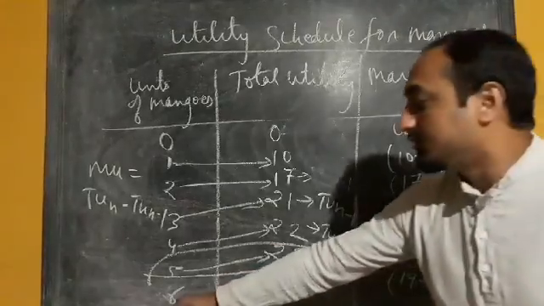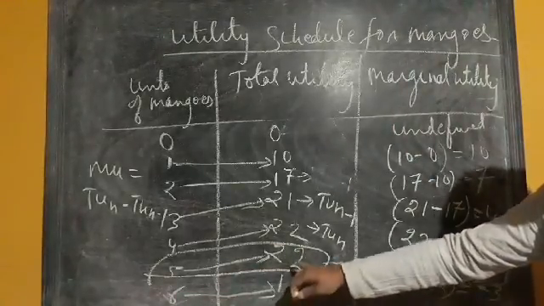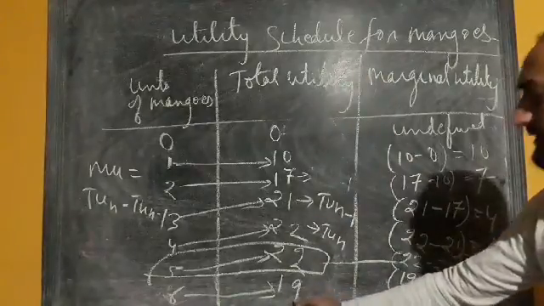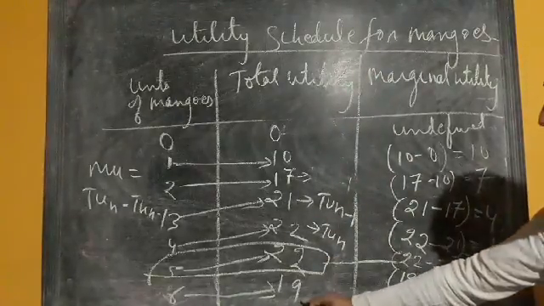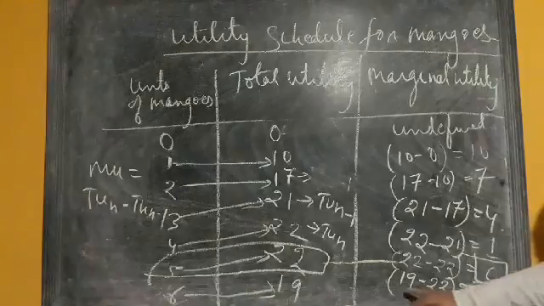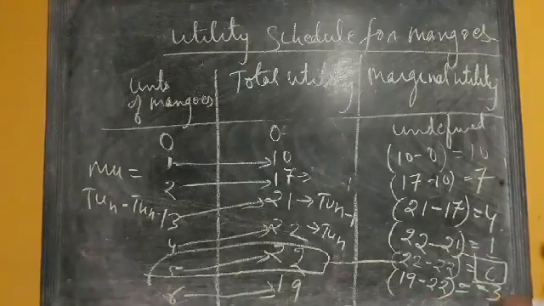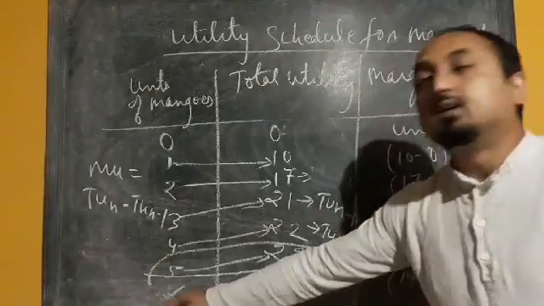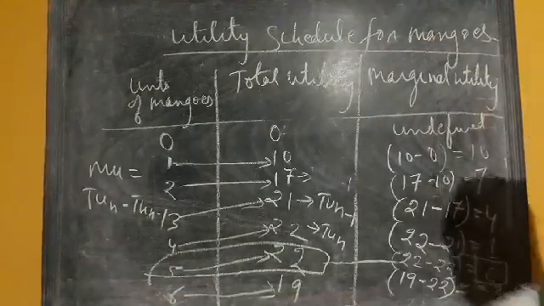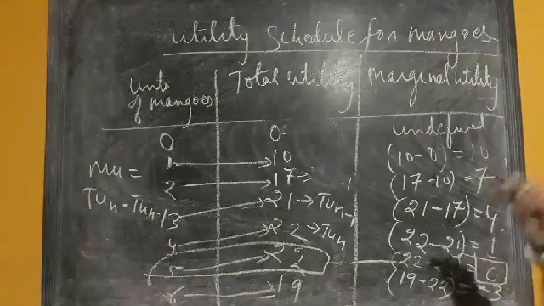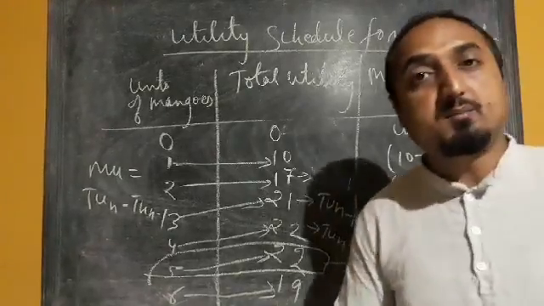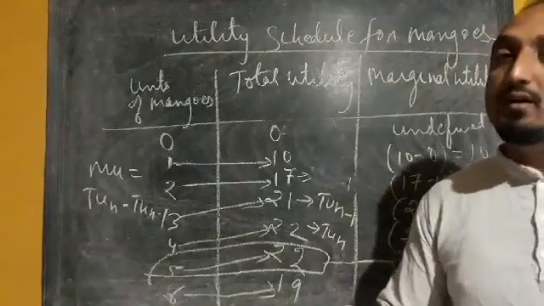And when total utility is decreasing, after 22 to 19, it means the utility is decreasing, and we can see that marginal utility is negative: 19 minus 22 is minus 3. So when we consume the sixth unit of commodity, the marginal utility will be negative, minus 3. Minus 3 is a negative number, and it implies negative utility.